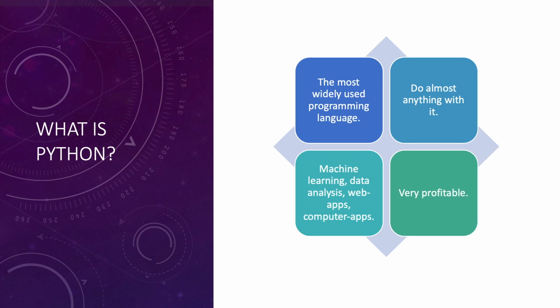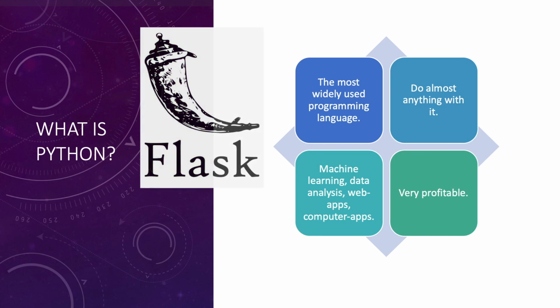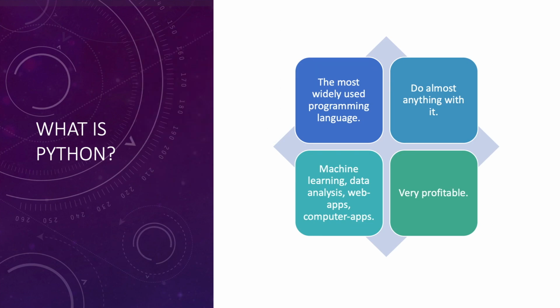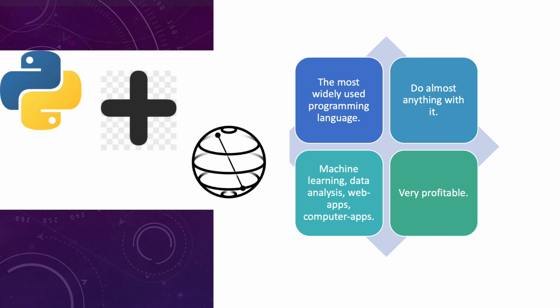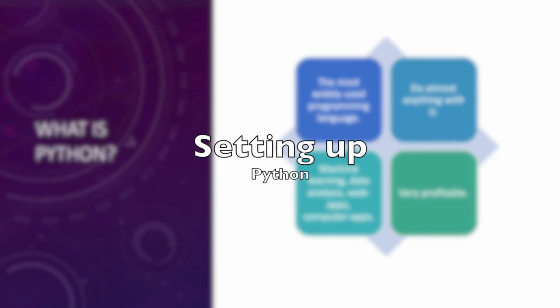So JavaScript is awesome for making front end, and you can do that with Python. There are several frameworks which you can use, like Flask and Django. Python will be compatible with the new tech and the quantum computers which will be coming out. So Python and the quantum computer programming language, they will go together really well.